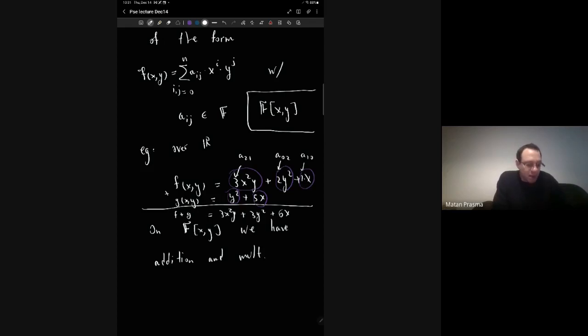And similarly, you can do multiplication. Just the formula is a bit more complicated.